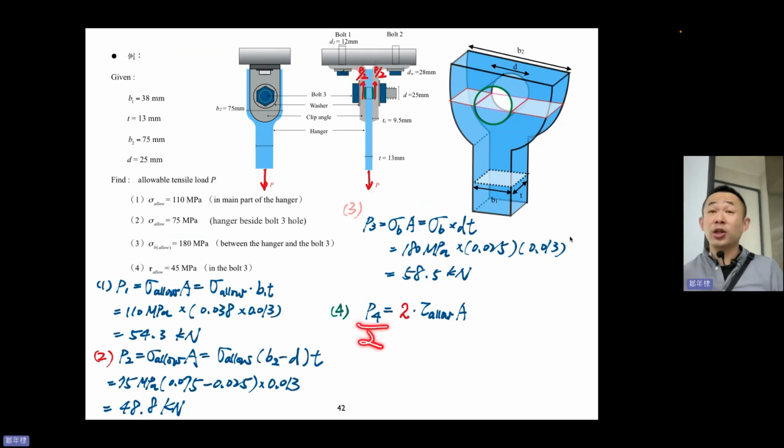So the 2 comes from here. P4 is the candidate of this one, but when we talk about the green part, each of them only has half P. So here, P4 needs to be times 2. P4 equals 2 times tau allow A. You need to be careful about the differences. Times pi d squared.